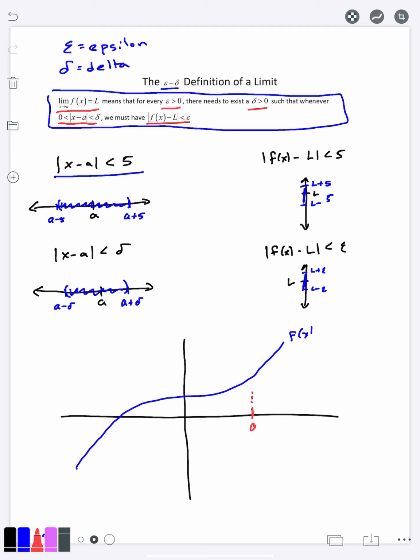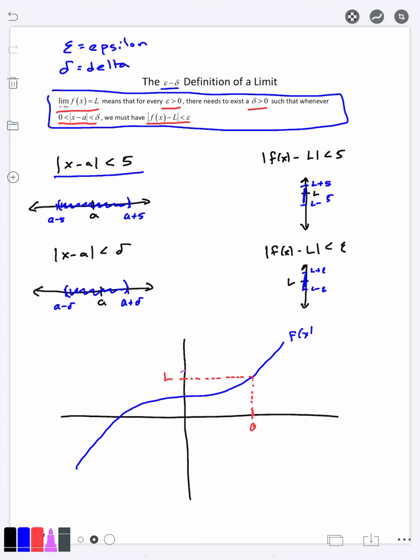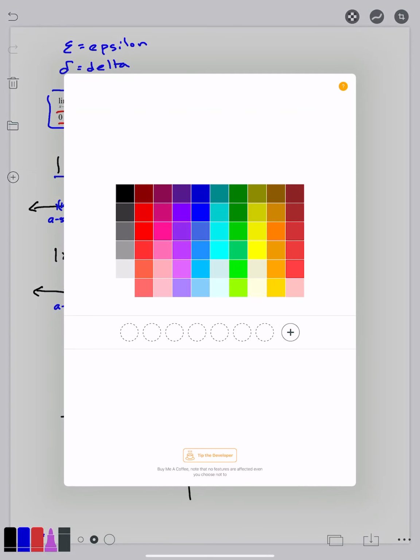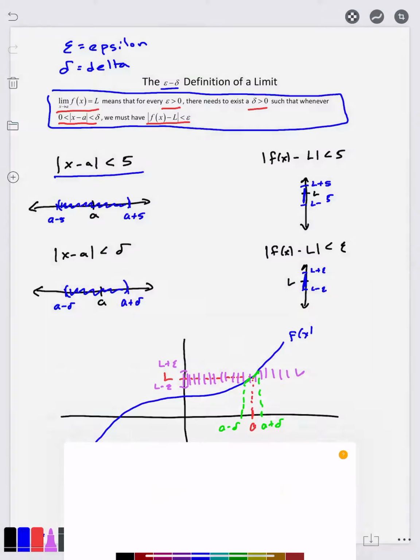Based on our picture here, this y value up here is going to be exactly the limit, which we're calling L. And what the definition says is that no matter how small epsilon is, no matter how close you want to be to this y value L, there's guaranteed some distance on your graph where you can go left and right, and the y values are always going to be in the purple band.